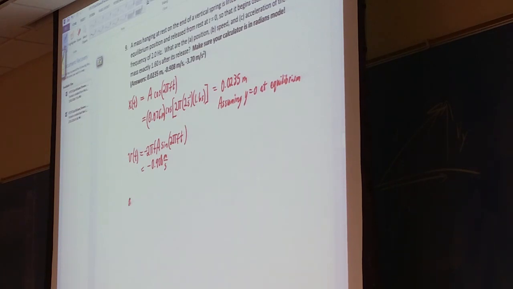And the acceleration is going to be negative 4 pi squared f squared times A times the cosine of 2 pi f times t. And that should turn out to be negative 3.70 meters per second squared. And of course we have to put boxes around all these.